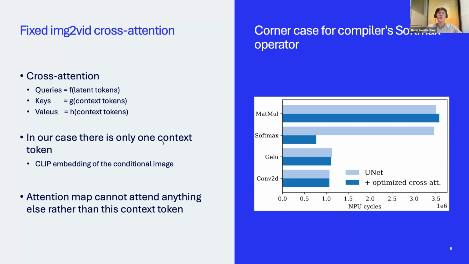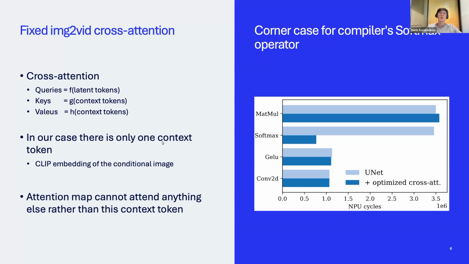And it turns out that the cross-attention operation is actually redundant now, because the queries are image tokens in the UNet, but the keys and values consist of a single token of this CLIP image embedding. This makes the whole attention operation redundant. So it is basically a no-op. You can just compute the value part of the attention operation, and it is enough to replace all this operation.